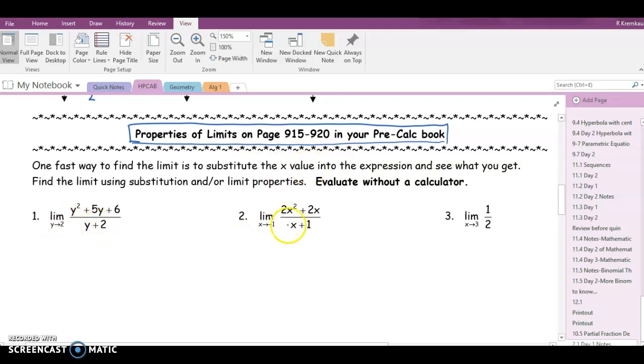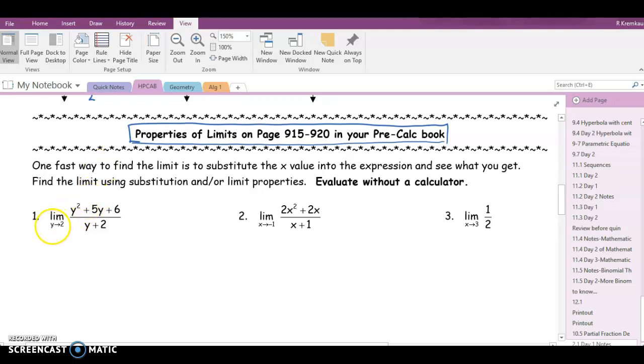Sometimes that won't work though. If you plug it in and get something that's undefined, you may have to do some factoring to get some things to cancel out. You may need to look at the graph to get a better idea of what's going on. So there'll be different things that you'll need to do.